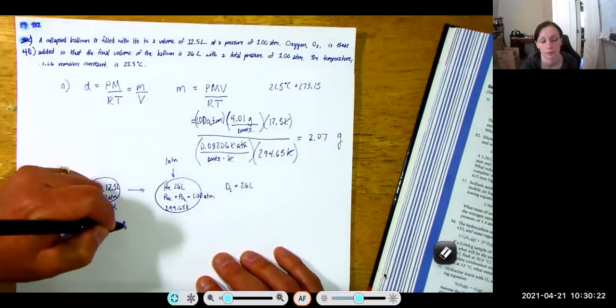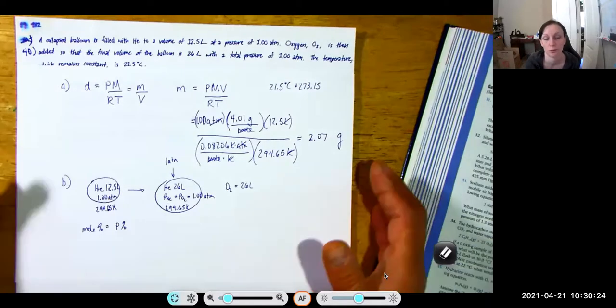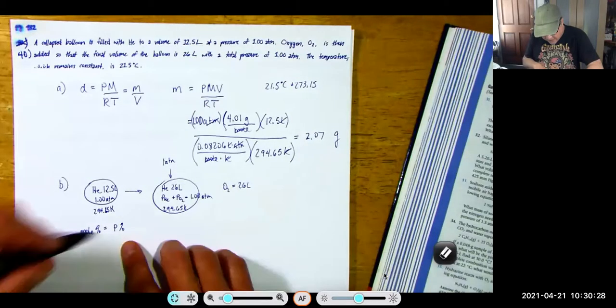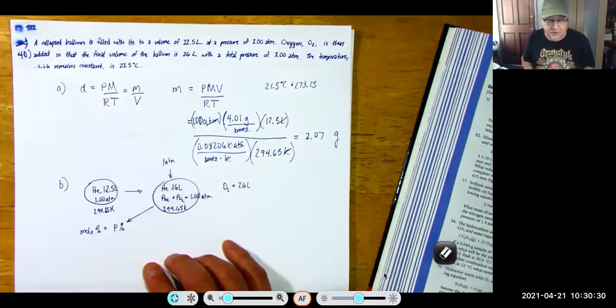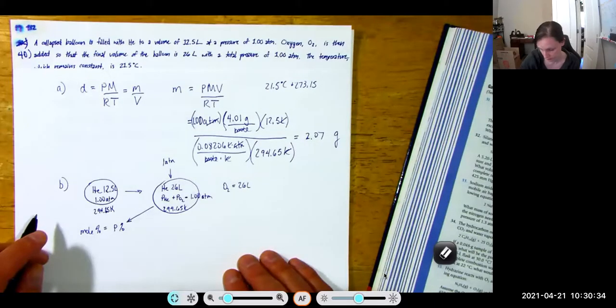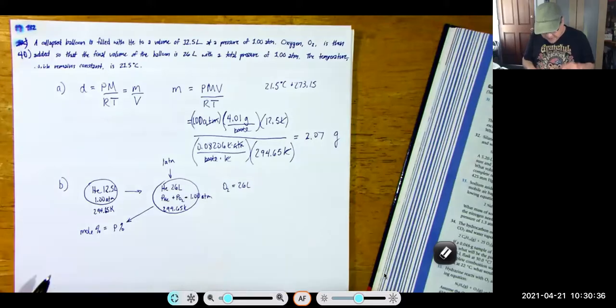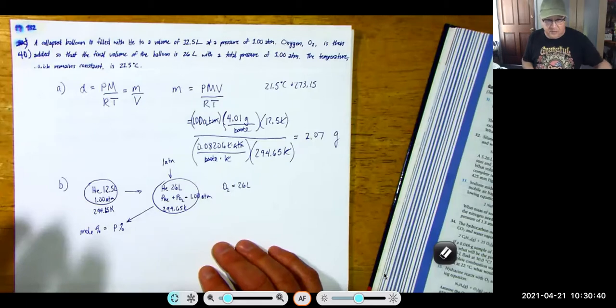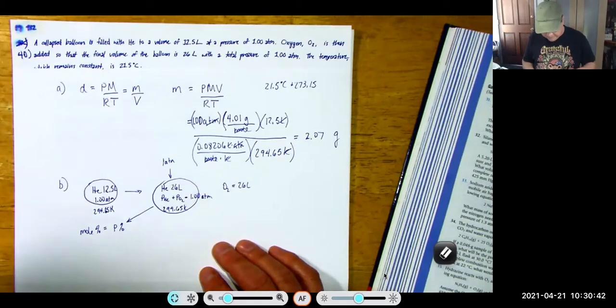Remember how we talked about that before? They're proportional. So we need the moles. This is different than how I did it last night, which you can watch the video of.